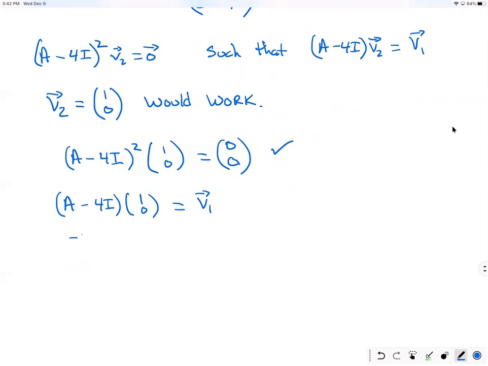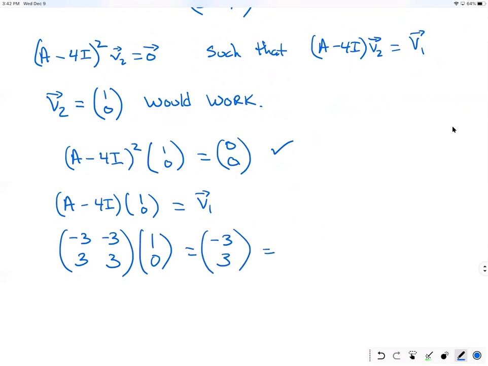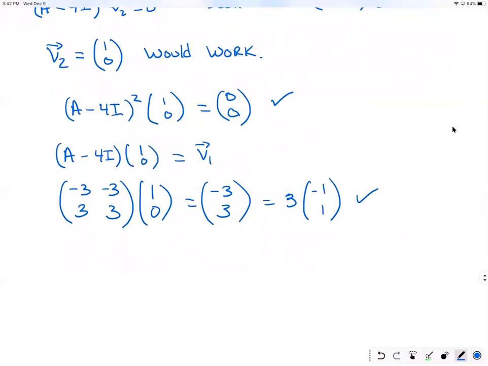So I have [-3, 3; 3, -3] and I put (1, 0) there. And when I multiply that out, I'll get (-3, 3). And (-3, 3) is equal to 3 times (-1, 1). So this one worked just fine, right? So as long as it's some linear combination of that, we're good to go.